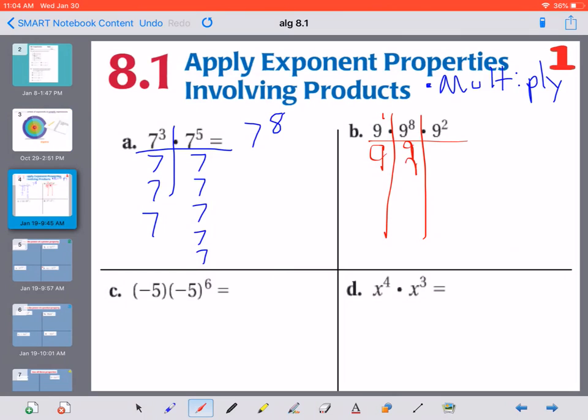Here we have 8 9s. And here we only have 2 9s. So when we're multiplying these, we can add up our exponents. So 1, 2, 3, 4, 5, 6, 7, 8, 9, 10, 11 9s.